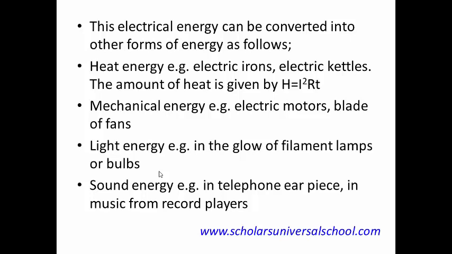One of the transformations is heat energy. For example, electric irons and electric kettles. For electric irons to run, there must be electric energy supplied into the iron, and the form of energy produced from the iron is heat energy.